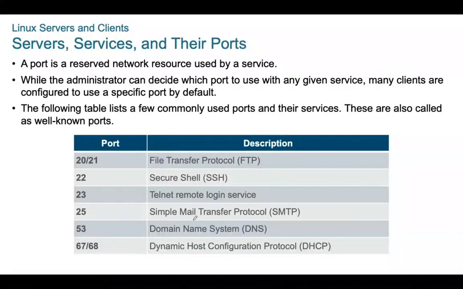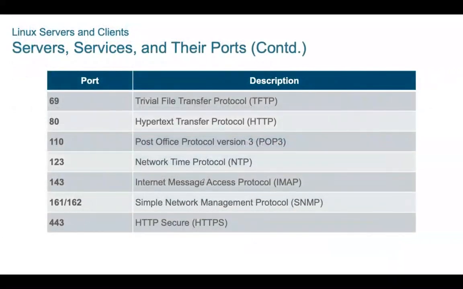Other reserved network ports: 69 is for the Trivial File Transfer Protocol, whereas 20 and 21 are for FTP, the File Transfer Protocol. For Trivial File Transfer Protocol, port 69 is reserved, and port 80 is for HTTP connections, like utsa.edu, which comes in terms of HTTP in the form of port number 80.